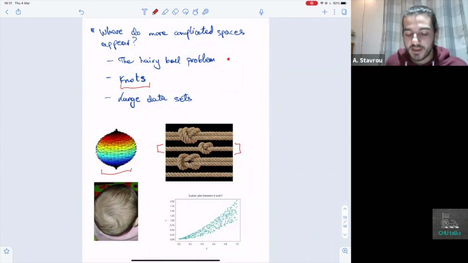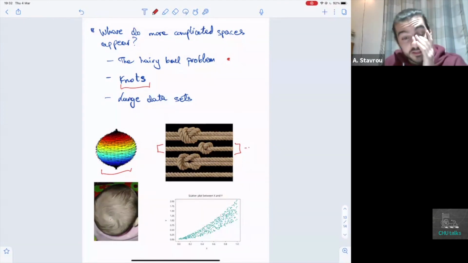So if I say you're allowed to pull this, but it should never cross itself, then I'm asking the question essentially, is this a good knot? And there's a branch of maths called knot theory that applies algebraic topology to classify and understand knots.